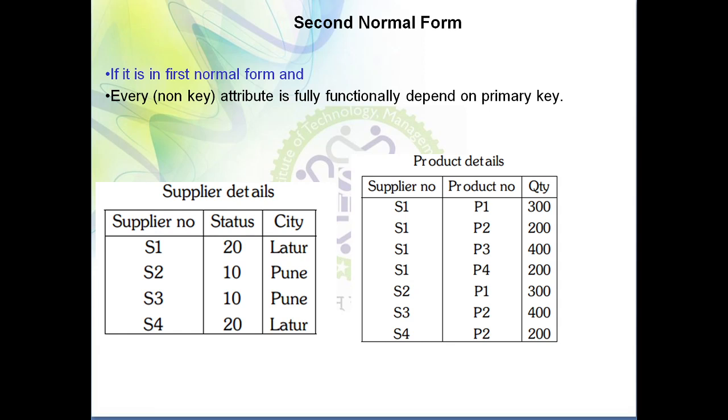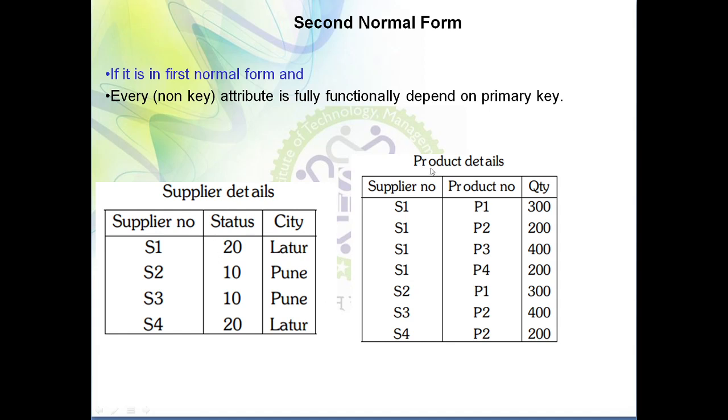There is a possibility of partial dependency in a table only when your primary key is formed with more than one attribute. But in this table you can find that your primary key is formed with only a single attribute. So in this case there is no possibility of partial dependency.